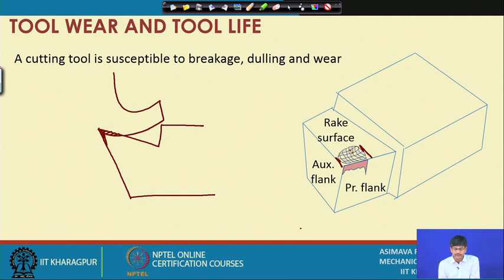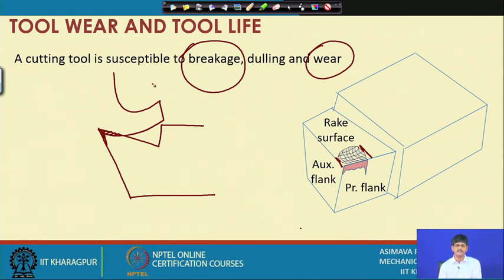If this happens, after some time the tool will be rendered unusable. Why so? Does it not cut? Yes, it does cut, but there will be a number of phenomena occurring because of which the tool might not be usable after that. Generally, wear is not the only phenomenon which is going to occur. Catastrophic failure might occur due to breakage.